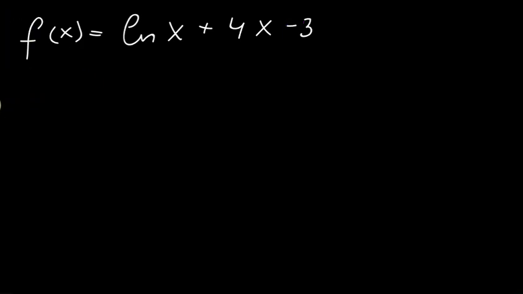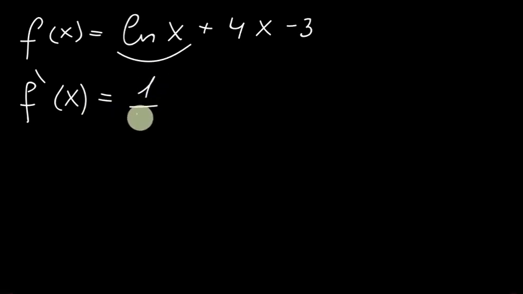So here's what we need to do in order to calculate a derivative. So firstly, let's find out what the derivative of natural log of x is. So from that table we can see that it's 1 over x. Now a derivative of 4x is equal to 4, and a derivative of a constant is equal to 0. So this will be equal to 0. Okay, so that's our answer.